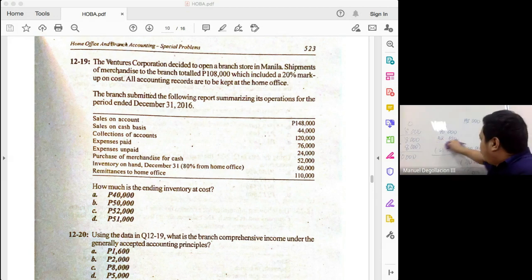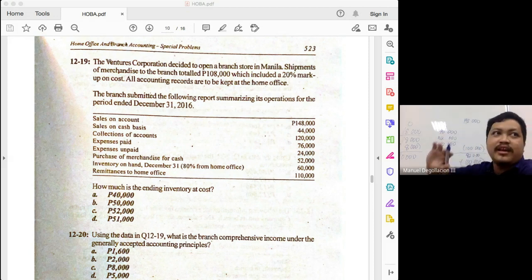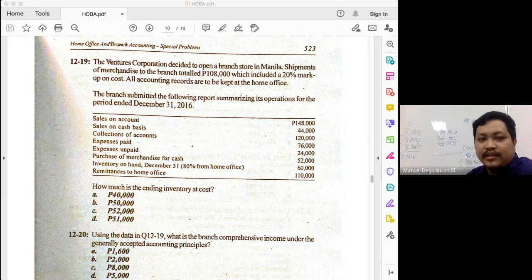Okay, so this means our goods available for sale based on true cost is 142,000. Okay, next, deduct ending inventory. But again, use the true cost. We have already solved in problem 19 the true cost of the ending inventory. How much is the true cost of the ending inventory? 52,000.